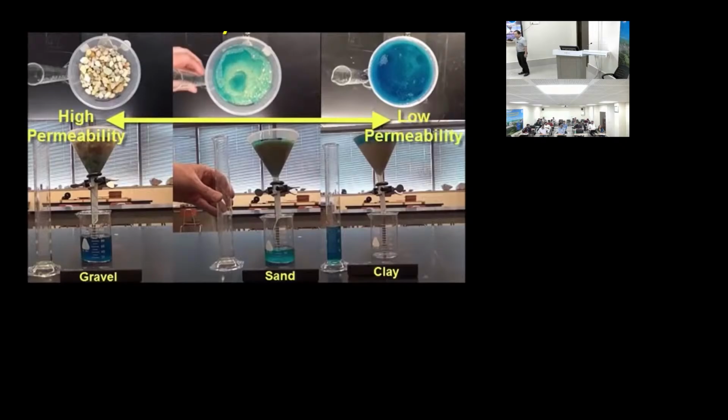And if we put sand, the time it takes for the water to fully drain is slightly longer than for the gravel. But when we put clay in a funnel and put water, it takes lots of time. So it has a low permeability. So we can say clay has a high porosity, but a very low permeability.